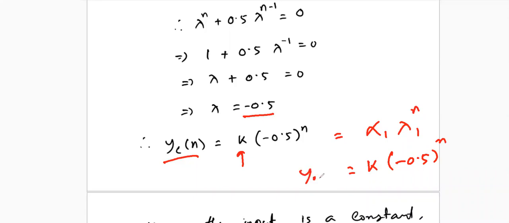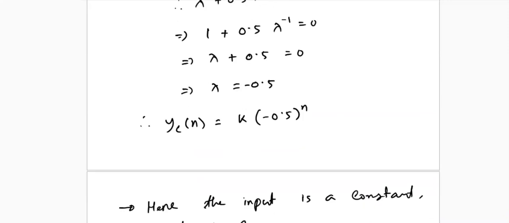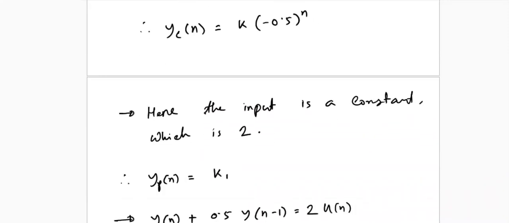So that is our complementary solution. Do not put the initial condition here to find this constant. Let it be like this, and afterward you can find where to put the initial condition.